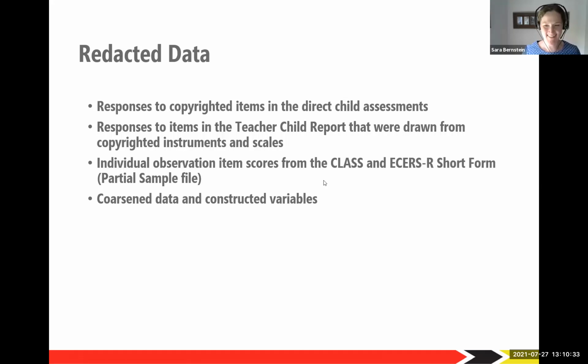Go for it. So for the CLASS data, the first time I read that, and I read individual observation item scores, I assumed that to mean that the dimension level scores were not present, that only the domain level scores were going to be available, but really the dimension level scores are present.